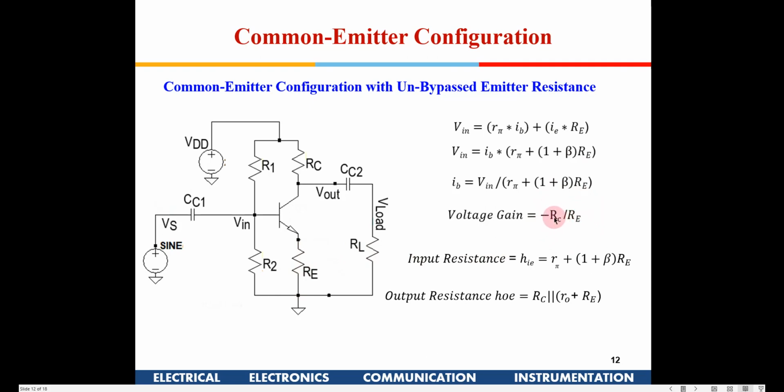You will not get a gain of 100 or 200 in this configuration. It is possible to get a gain of 10, 20. That is the maximum gain. So this is the penalty you pay for stability. One advantage here is if you require high input impedance for some reason, then the input impedance is increased in this case. Vin by IB is the input impedance, so you get r pi plus 1 plus beta RE.